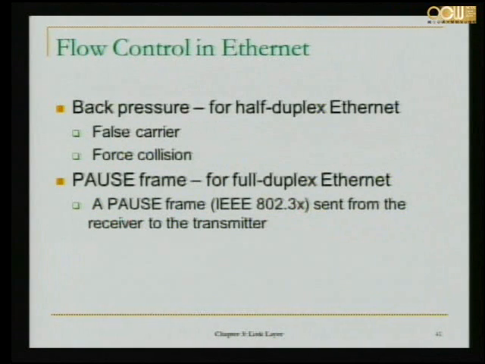And if it's half duplex, the way to do flow control in Ethernet is by back pressure. I mentioned that back pressure could be done with either forced carrier or forced collision.